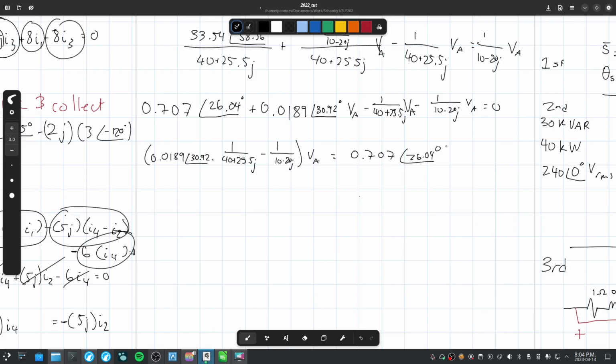Put that in your calculator, put it into polar form. I hate this course. Learn to love it. So VA is equal to 24.6 with a phasor of 165 degrees.